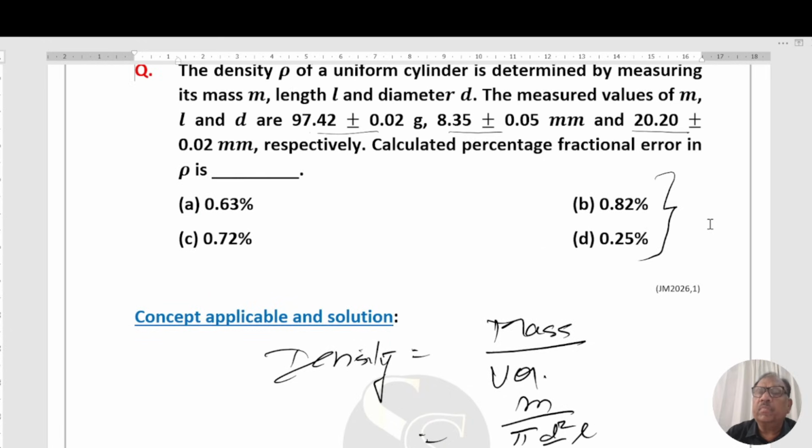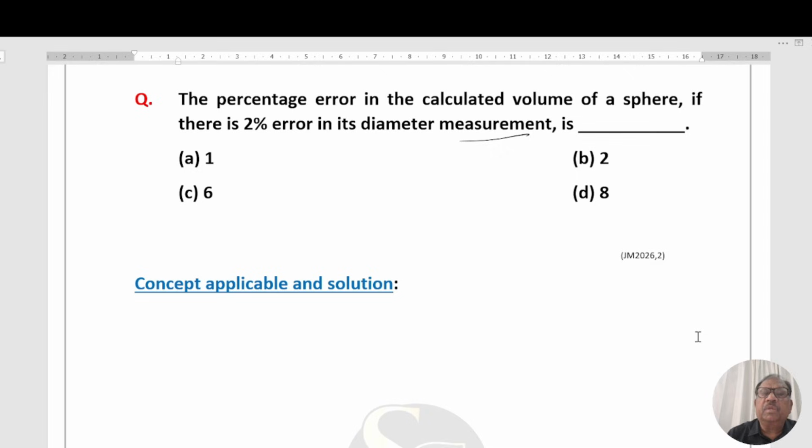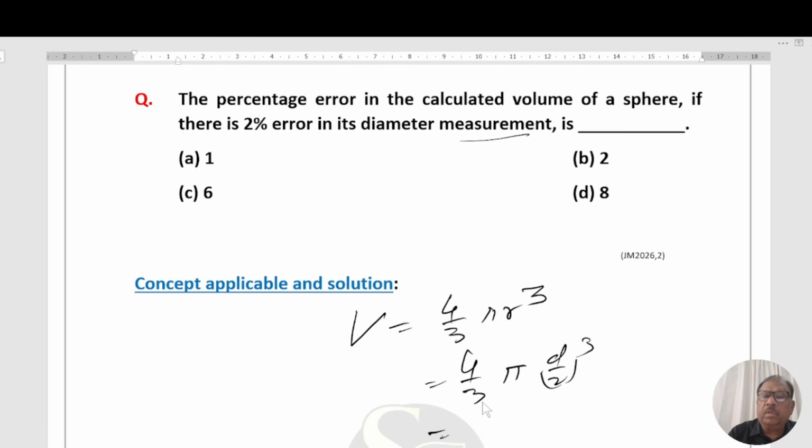Let's check the answer. B is the correct answer, right? Now question. The percentage error in the calculated volume of a sphere if there is 2% error in the diameter measurement. Answer is 6%. How? V equals 4 by 3 pi r cube, that is 4 by 3 pi (d by 2) cube, that is 4 by 3 into pi by 8 into d cube.